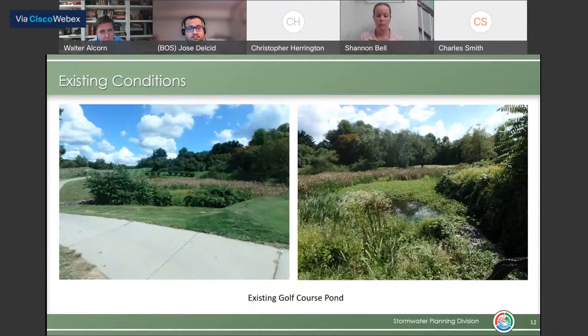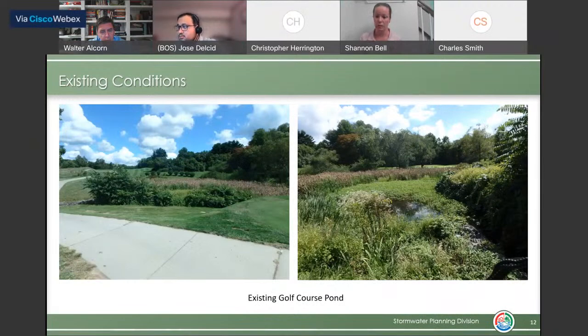The other step of what we're going to be doing is installing a pond. Right now, there is an existing pond on the golf course property. This pond is just a farm pond. It wasn't really designed for detention. It's pretty shallow. It doesn't help slow down the water or detain it for a long period of time. So we need to put something more substantial here because we're sending out a lot more water now with our new pipes.